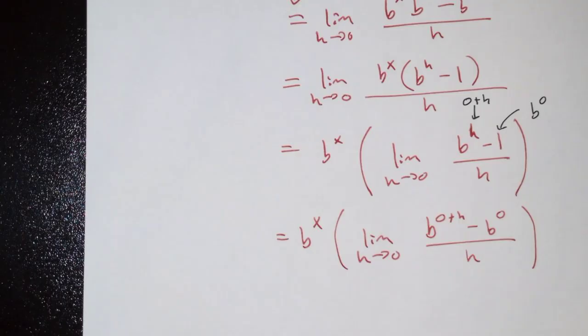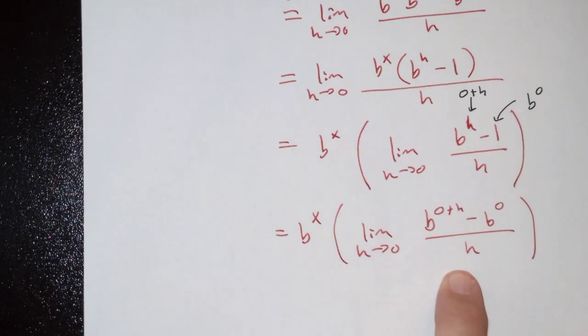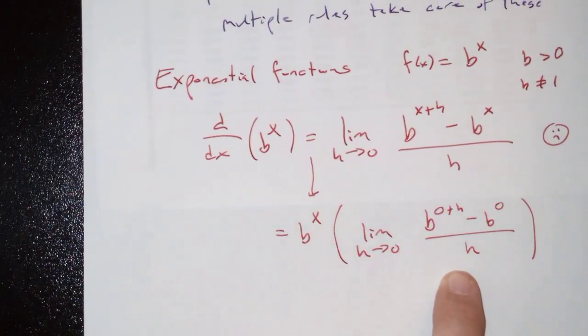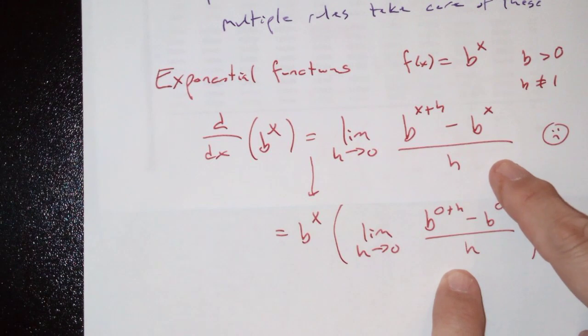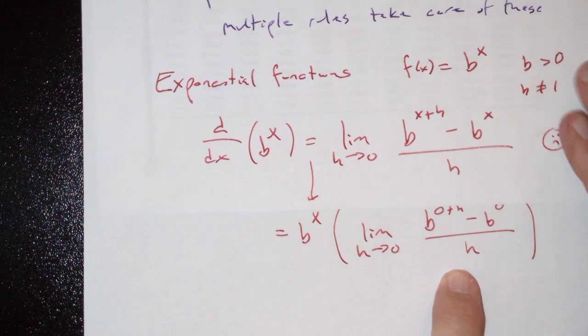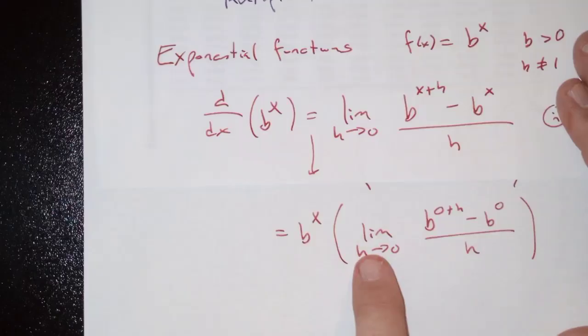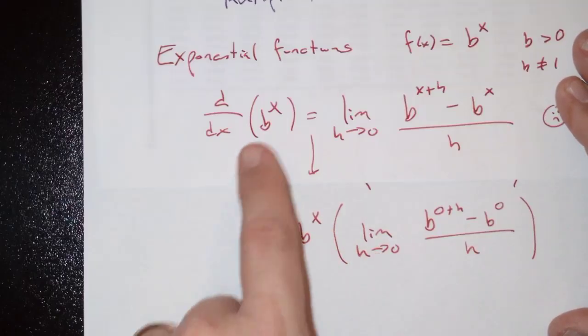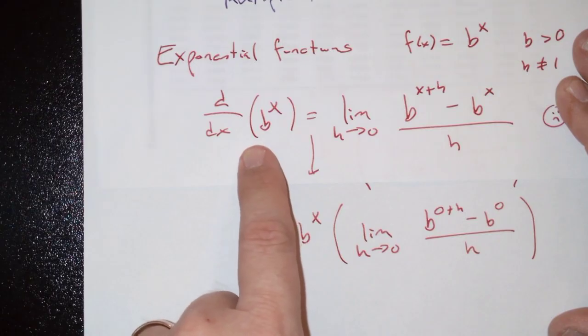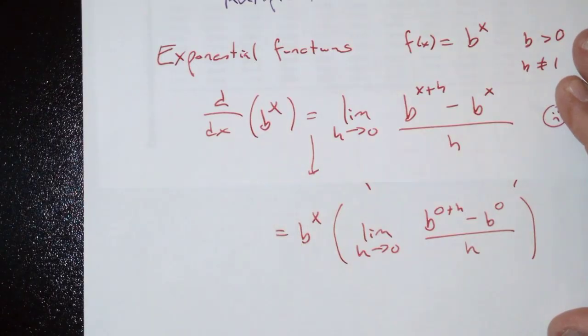Go back to the very start of this problem. What does it look like? X plus h minus. Wait a minute. That means that the thing inside the parentheses here is the derivative of b to the x when x is 0.